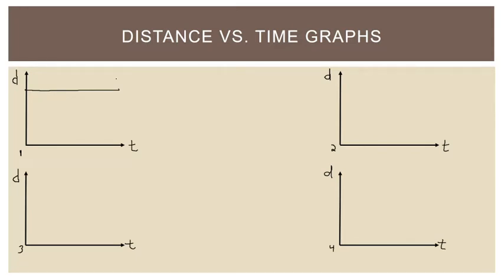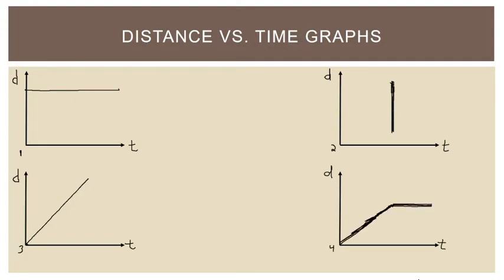For graph number 2, we're going to draw something that looks a little like this. So just a straight vertical line. I'm going to try to make this a little bit thicker just to ignore that part that I messed up. So we just have a straight vertical line here. For graph number 3, draw something that looks like this. And for graph number 4, we'll do this.